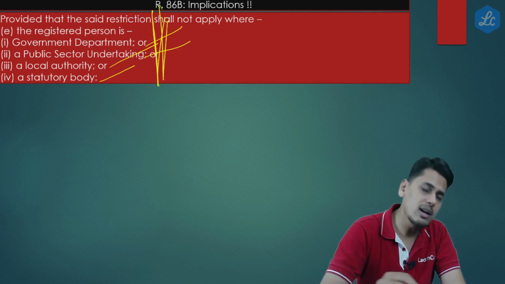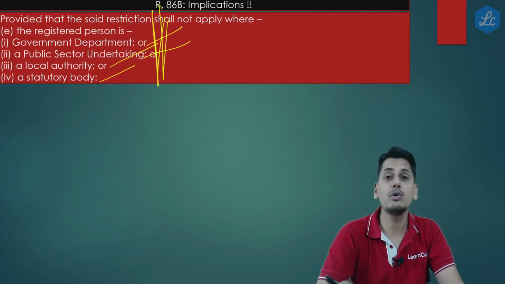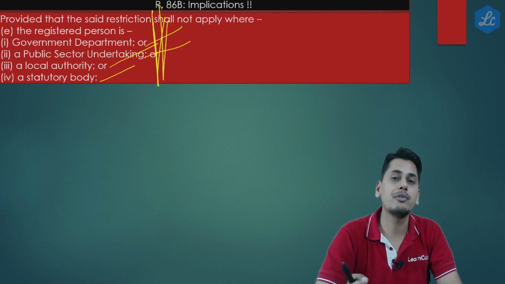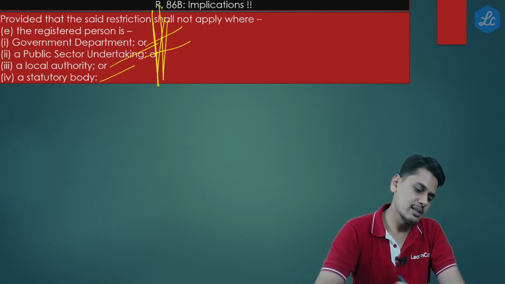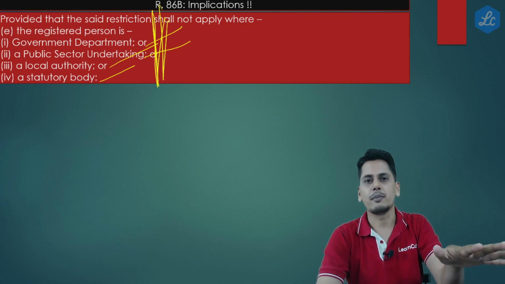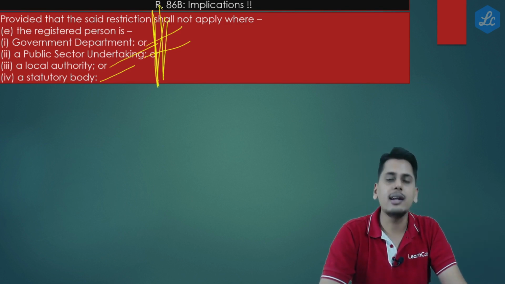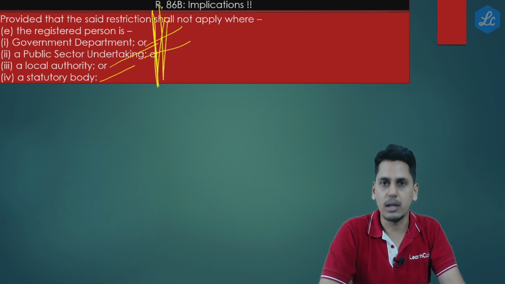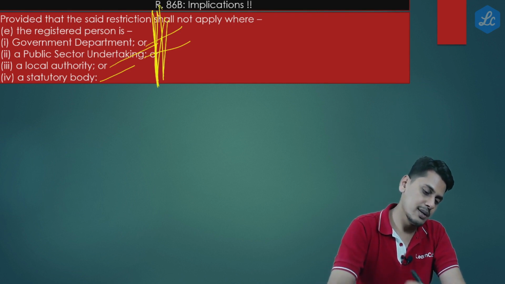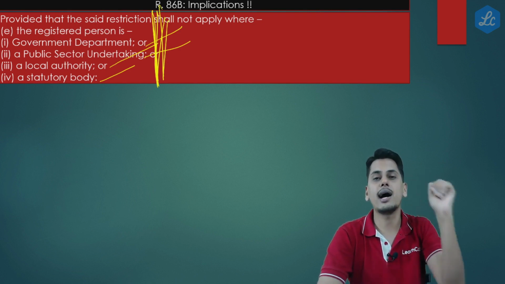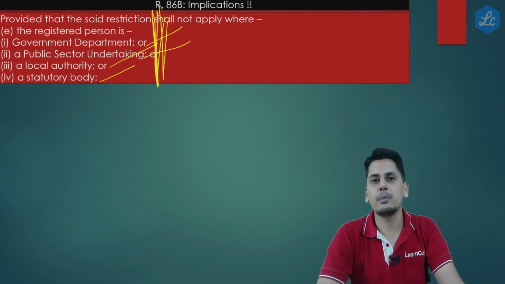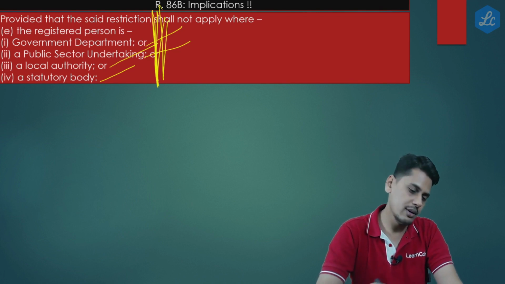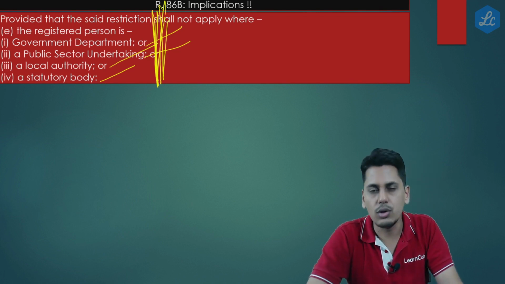Now friends, these are all controlled enterprises where there are no chances of input tax credit frauds. So for these persons, 86B is blanketly not applicable. If you could recollect, these were also the persons for whom Aadhaar authentication was not required. So for these controlled enterprises, certain relaxations have been given. For them, 86B also is not applicable.